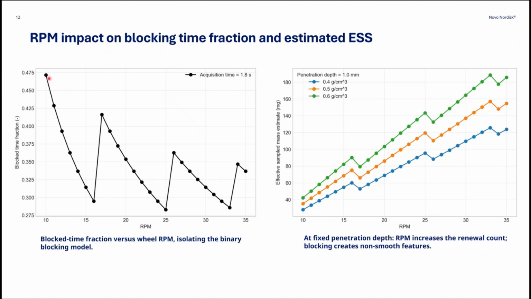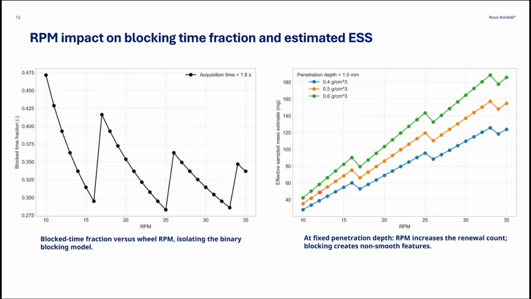But actually at very low RPM, almost 50% of the time the probe is blocked. And if you speed up, it will go down to around 30% of the time. And then there will be a jump again. And this zigzag pattern is determined by RPM and of course the geometry of the spider wheel itself.